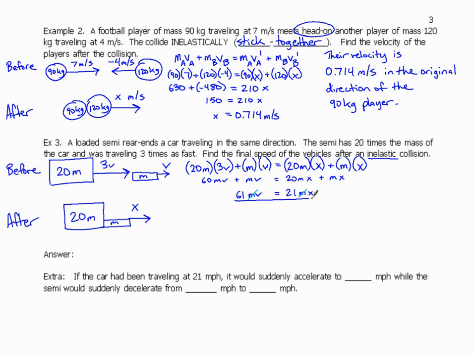So we divide both sides by 21, and you find that x equals 61 over 21 times v. But in this class, we don't want to leave anything as fractions. And so putting it in the calculator, 61 over 21, 2.90 times v.